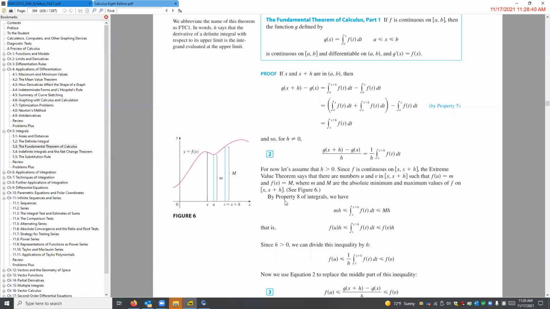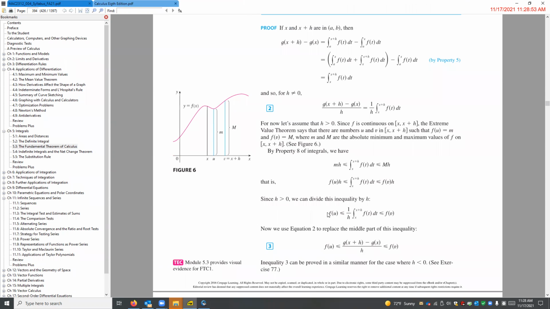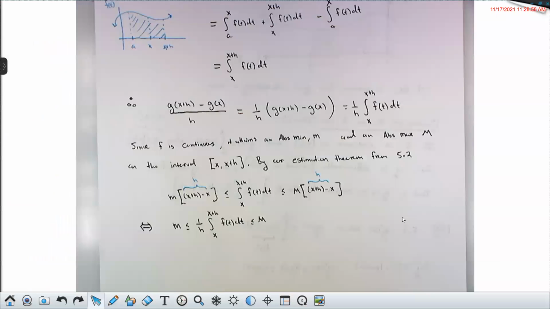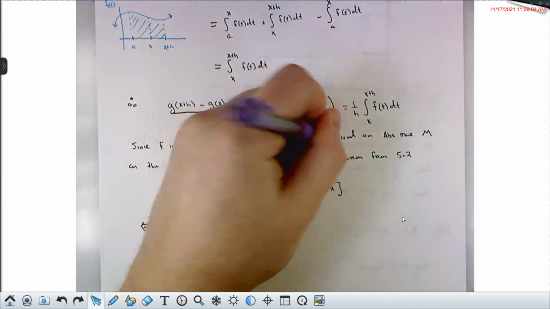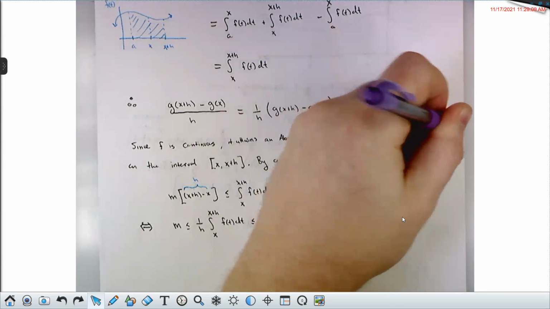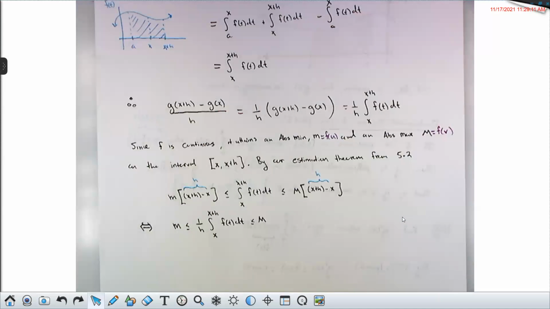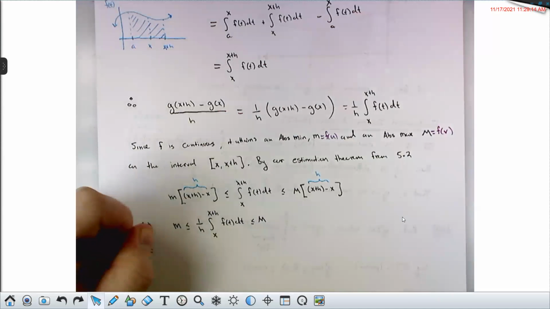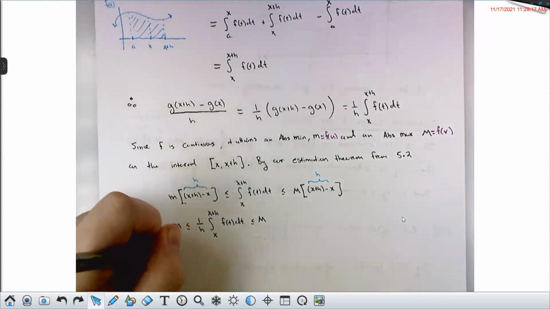And your book writes this by saying that min is f of u for some constant u, sorry, and big M is f of v. So I can replace the little m by f of u and the big M by f of v. So we'll say this little m is f of u and big M is f of v. So that min is actually a function value, that max is actually a function value.